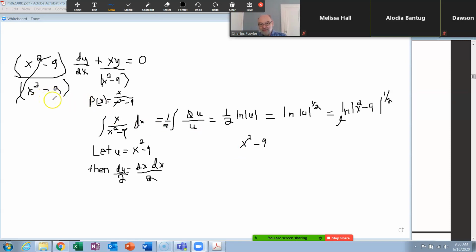You can't divide by 0. So let's just say x is greater than 3, and I'm going to lose the absolute value bars. So this will be x squared minus 9. Where's my cursor? Okay, this is aggravating. There it is. Okay, so this thing here to the 1/2 power, that's your integrating factor. I would put square root, but you're not going to want to mess with the square roots anyway.